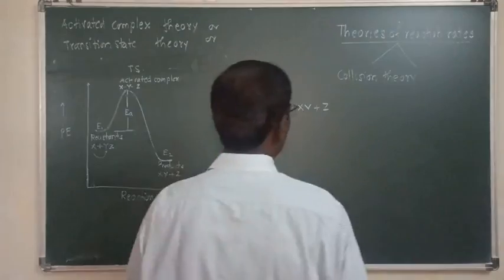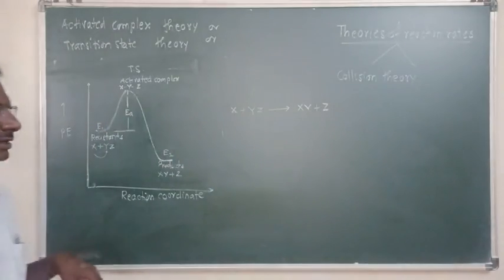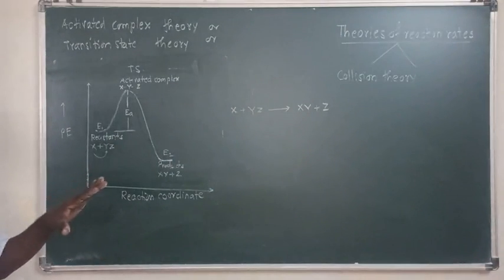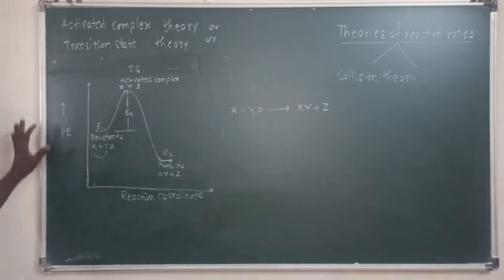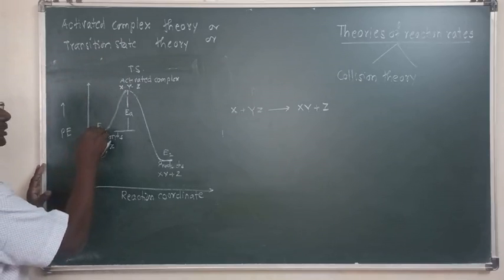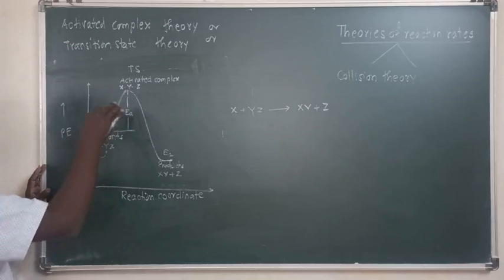The major difference between collision theory and transition state theory is that in collision theory, before going to products, the reactant molecules do not form an activated complex.